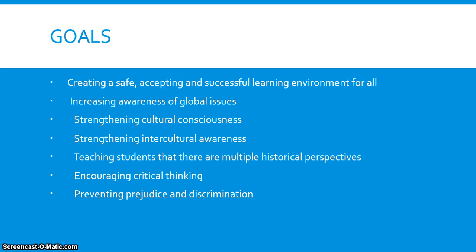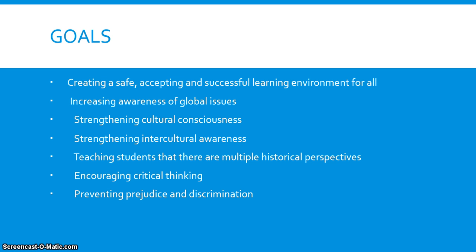We also want to increase awareness of global issues, so making sure that students know what's going on in the world around them and what struggles other people are having to increase empathy. We want to strengthen that cultural consciousness, so being aware that people are different and knowing some background about how and why people do things differently. Strengthening intercultural awareness, so making sure that we're working with one another.